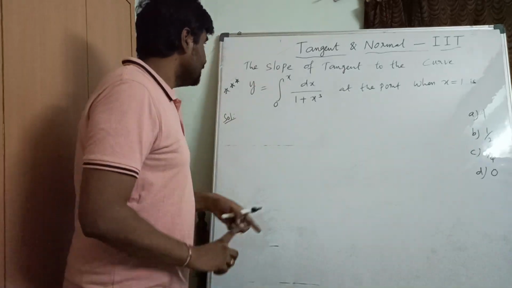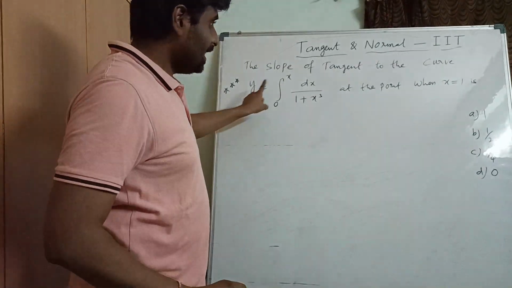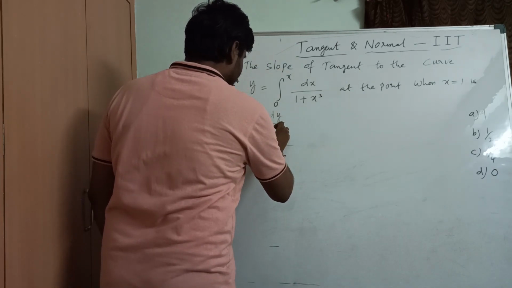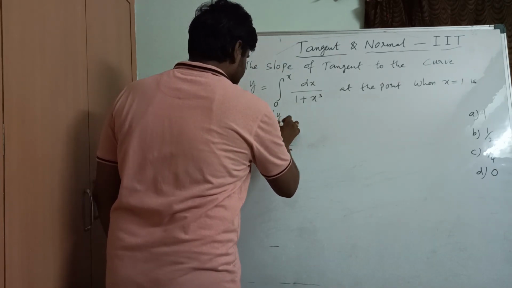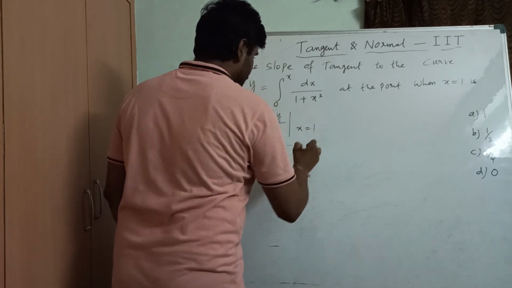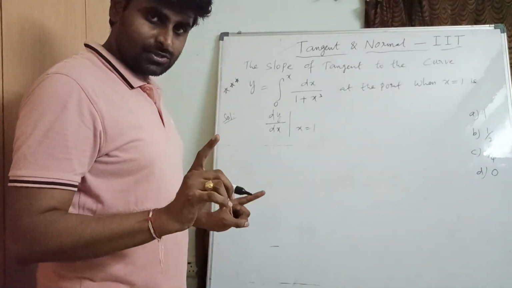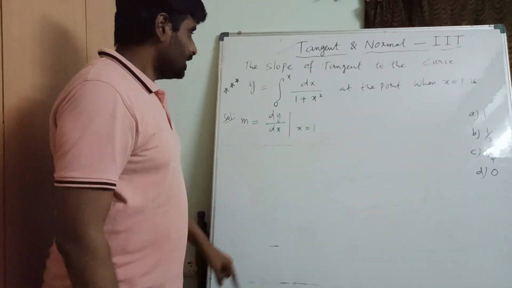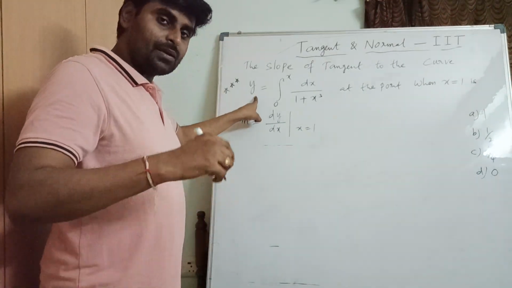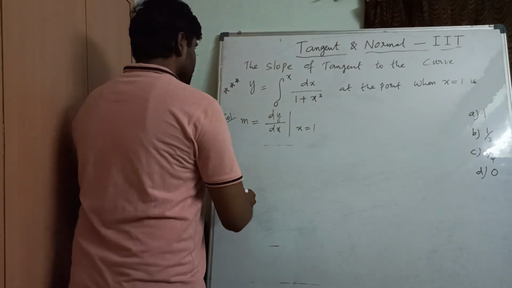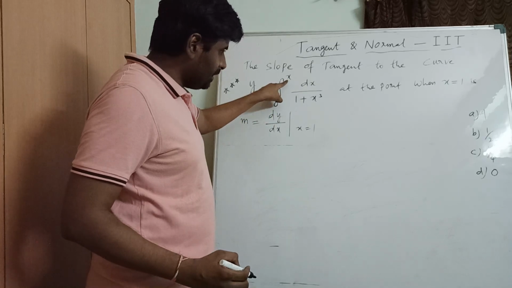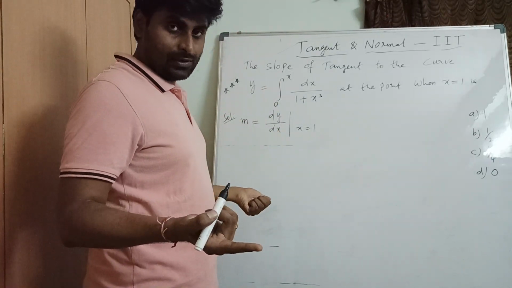So now let me find dy by dx at x equal to 1. dy by dx is what you are finding in this problem at x equal to 1. This is the question. Understood? This is the slope actually. Now differentiate this first, then substitute the limit. Anyway, here the function may be given in the same variable or any other variable also, not a problem.